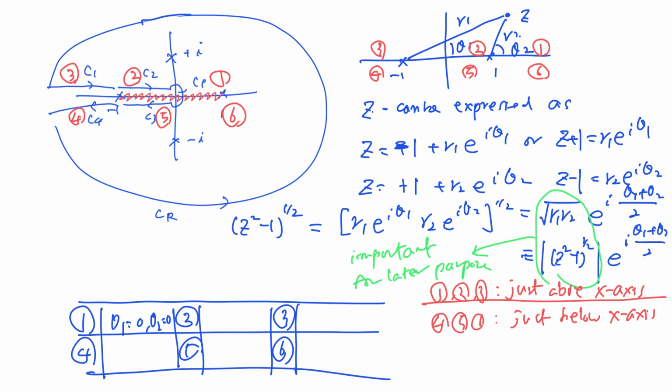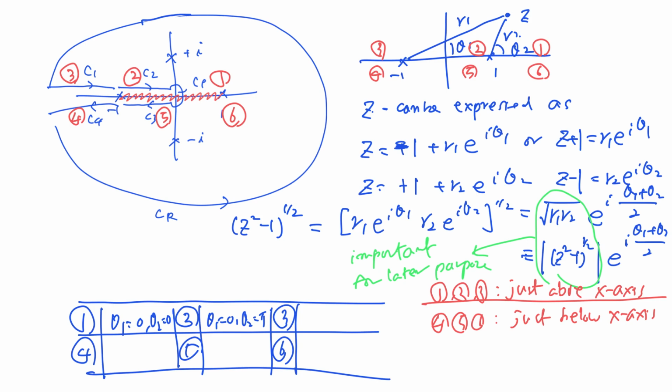How about position 2? This point is actually left side of 1, right? So theta 2 should be pi. Theta 1 is still 0. So theta 1 is 0, theta 2 is pi. How about this point 3? It's on the left side of either -1 or +1, right?